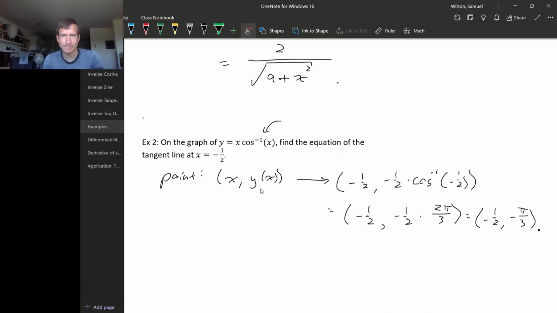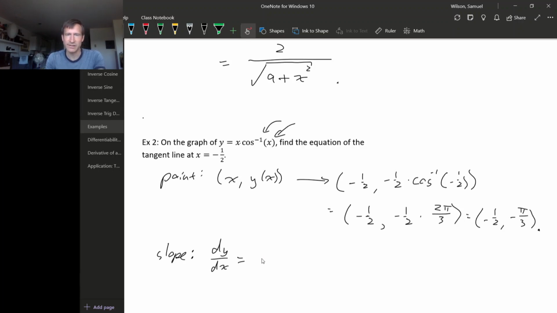Now we need to find the slope of the line we're looking for, and that's going to be dy dx. To take the derivative of this, we need to use the product rule because it's x times inverse cosine of x.